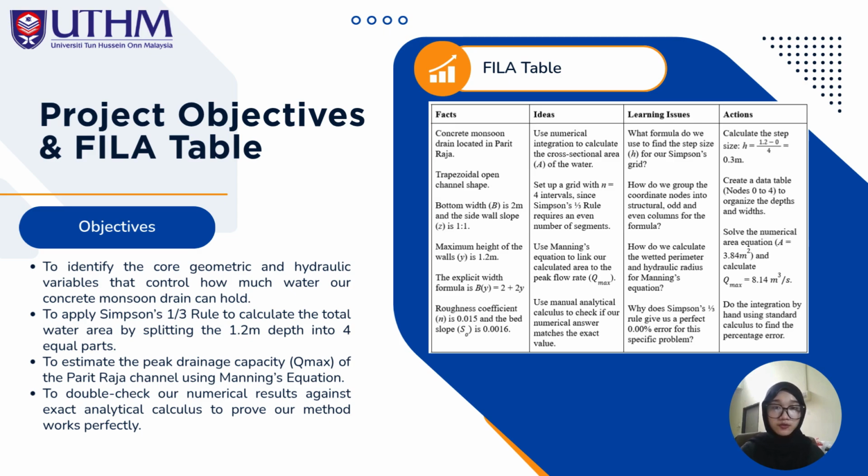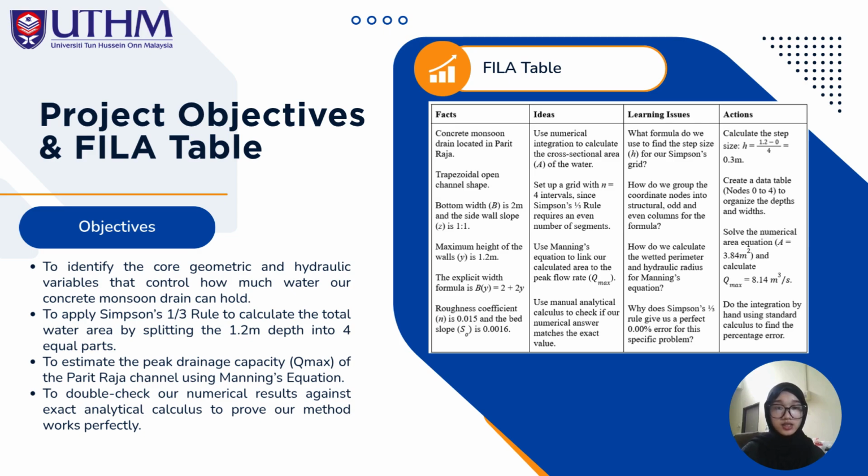To keep our workflow organized, we map everything out into this FILA table. Under facts, we listed our physical channel data like the 2 meter bottom width and the 1.2 meter maximum wall height. Our ideas revolve around using numerical integration and Manning's equation to find the capacity. For learning issues, we focus on how to properly set up the step size and separate our coordinate nodes into the odd and even columns for Simpson's formula.